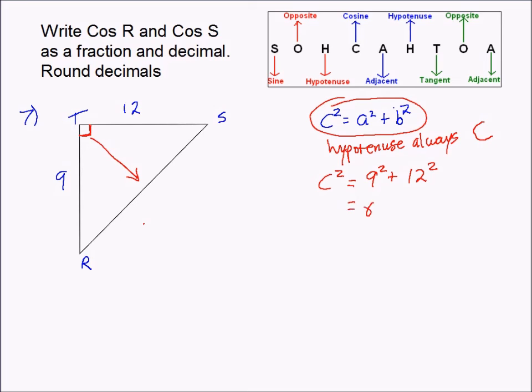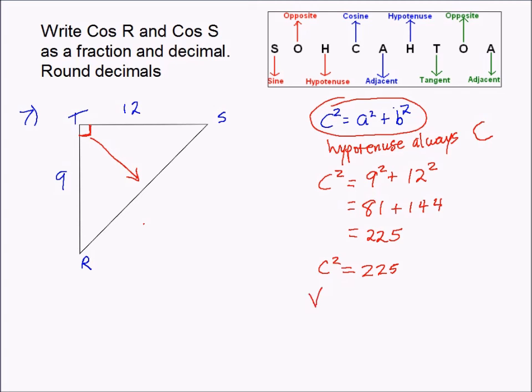So this is going to be equal to 81 plus 144, which is 225. So I have C squared equals 225.